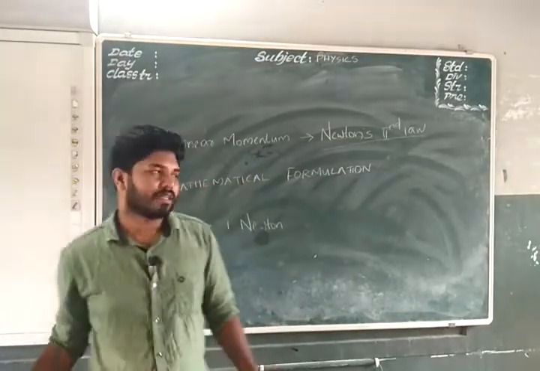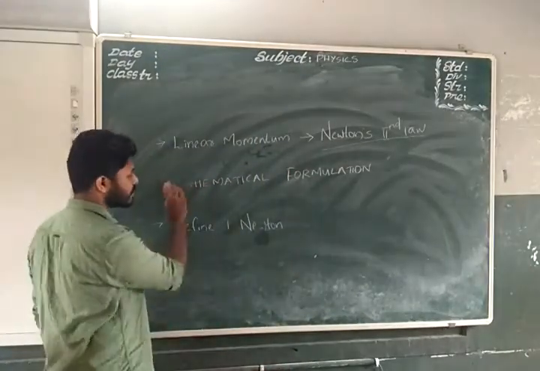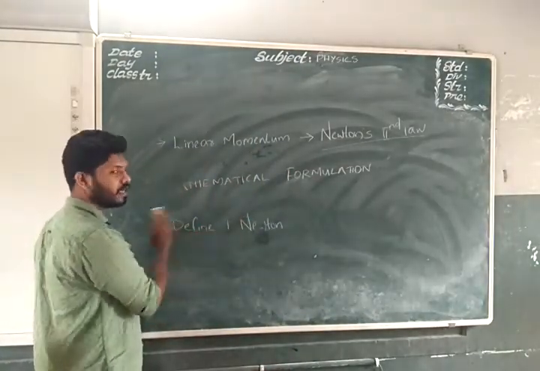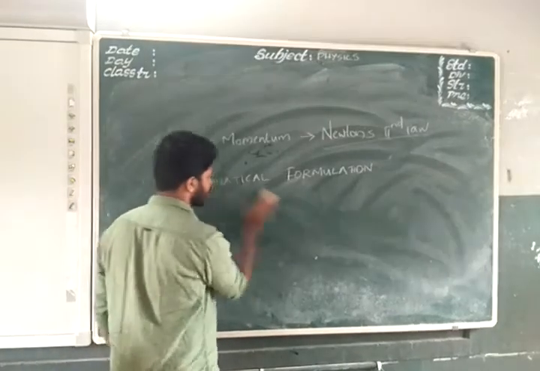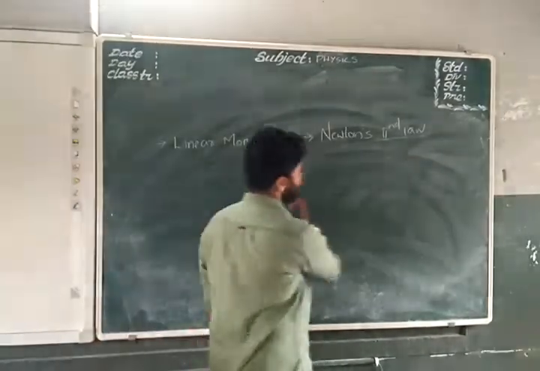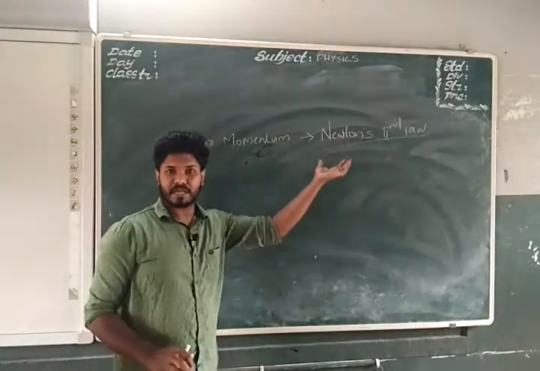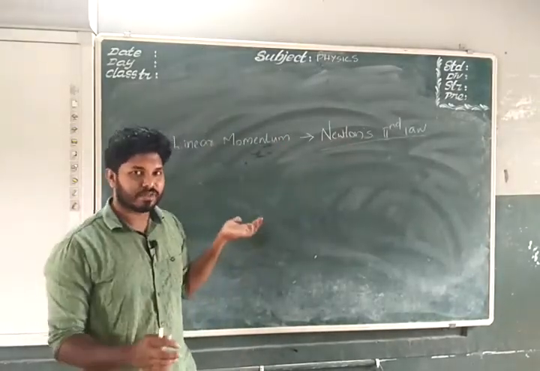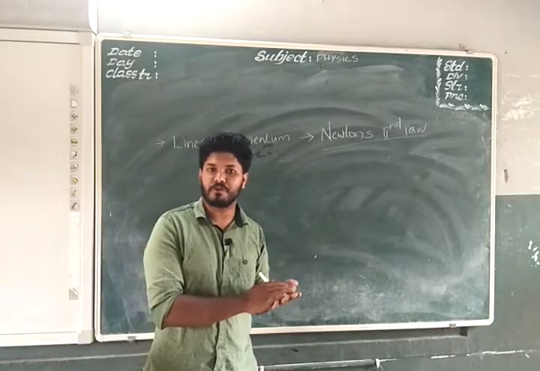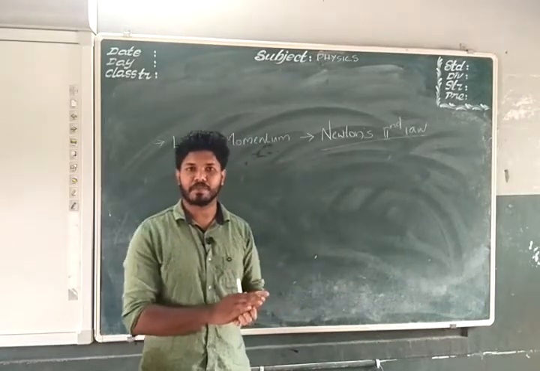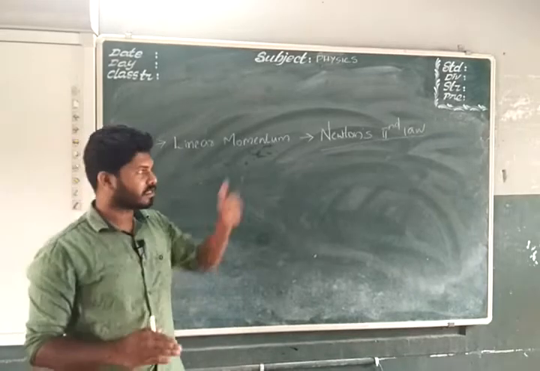So let's go to that section. We will be discussing the mathematical formulation and the definition of 1 Newton in this section also. Let me tell once more Newton's second law. According to Newton's second law, the rate of change of linear momentum of a body is directly proportional to the external force applied.